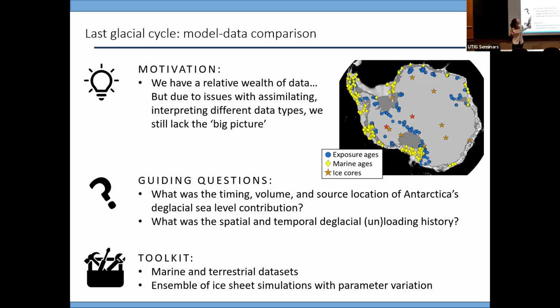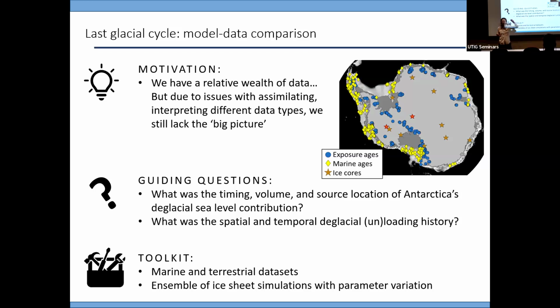And so the assimilation and interpretation of these different types of data sets is preventing us from getting a big picture. That's important because we need a consistent history, ideally a model history, of Antarctic deglaciation to reconstruct Antarctica's contribution to deglacial sea level rise, like the timing, the amount, the source, right?